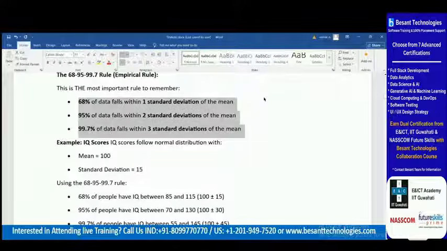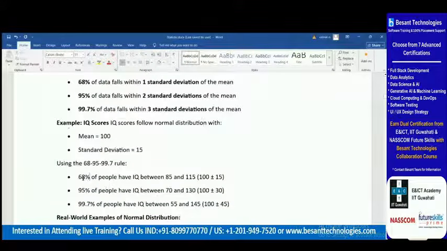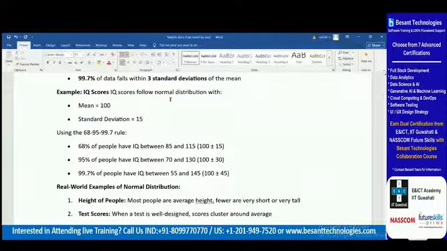Okay, so this is just a rule which is followed for the normal distribution. Let's take one data set and elaborate what this 68%, 95% and 99.7% mean. Now I'm taking an IQ score which follows a normal distribution with a mean value of 100 and a standard deviation of 15.